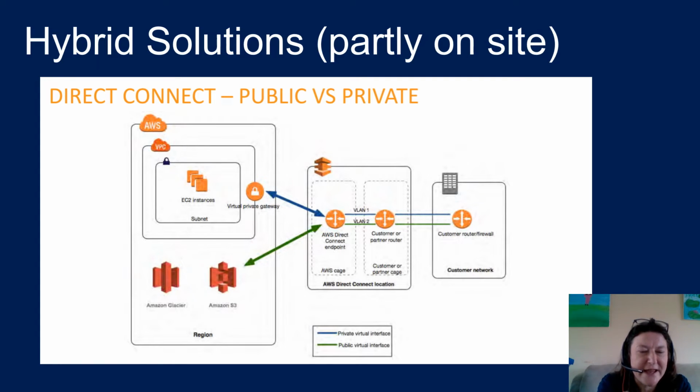And then on the external side, the public virtual interface, it uses that to access blobs owned by the customer like S3, Glacier, that kind of thing. Anything that's external. So DynamoDB has an external public virtual interface, and so on.